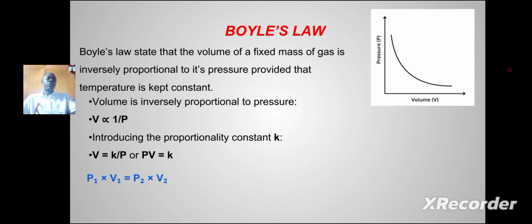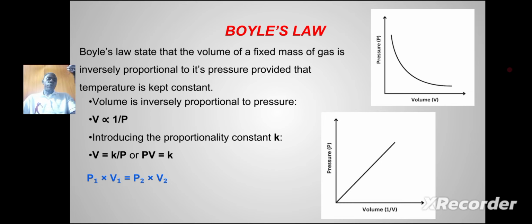This is the graph that illustrates Boyle's law. However, when pressure is plotted against the inverse of volume, that is 1 over volume, you get a straight line graph. It's still an inverse relationship because of the variables on the axes.